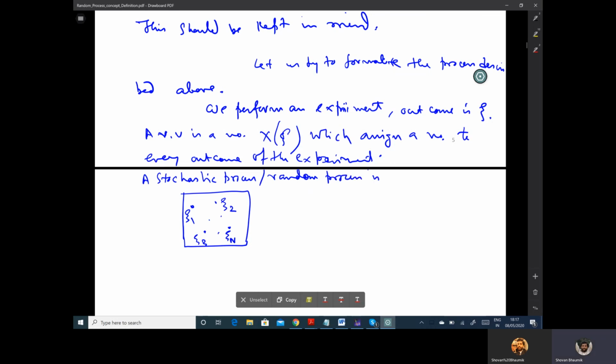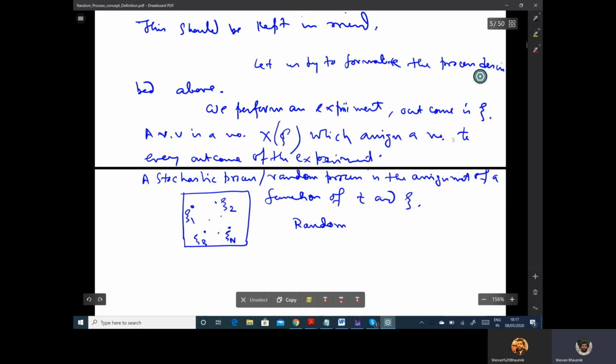That means a random process is a function.